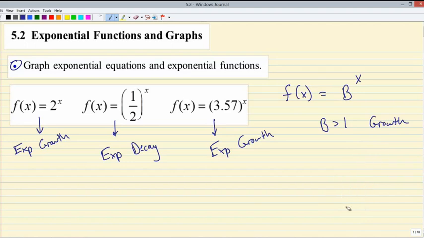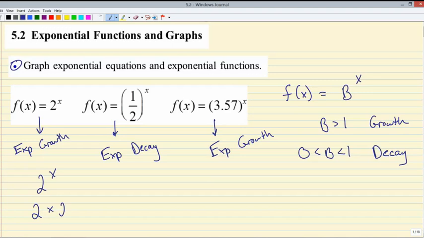On the other hand, if you have a base that is in between 0 and 1, that's exponential decay. And these graphs decrease over time. When you have something like 2 to the x power, for every iteration you're multiplying by 2. So 2 times 2 is 4, times 2 is 8, times 2 is 16.